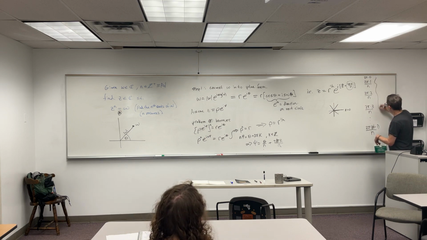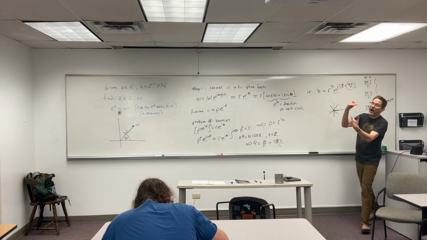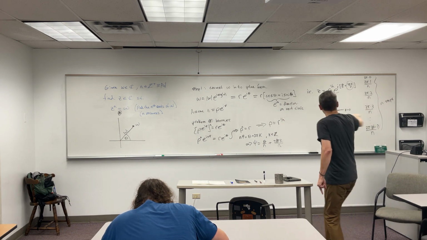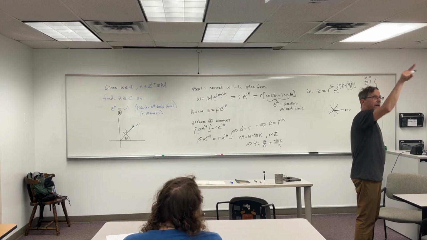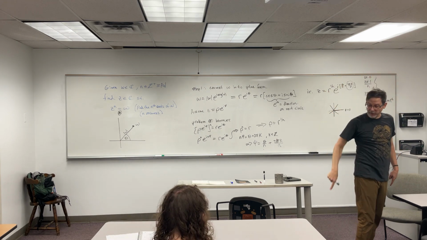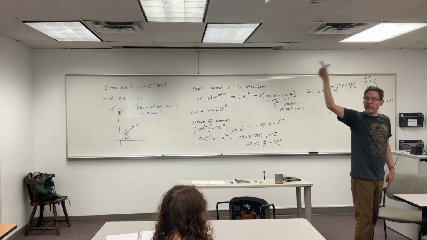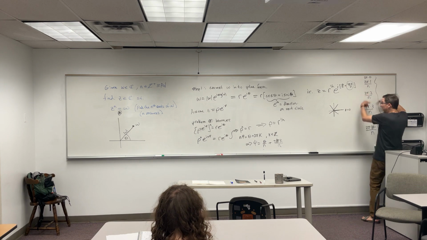Notice that there are n steps here. We start counting at 0. 0's straight out that way. 0's on the real axis. And then we make n equal steps around the circle. Once we wrap around past this, we're just repeating things.